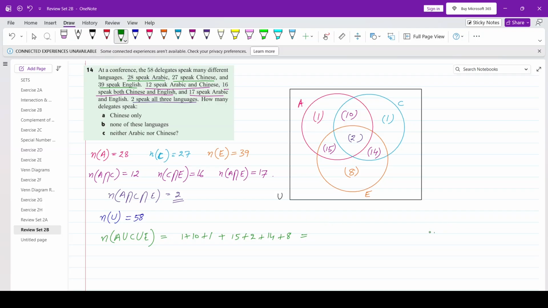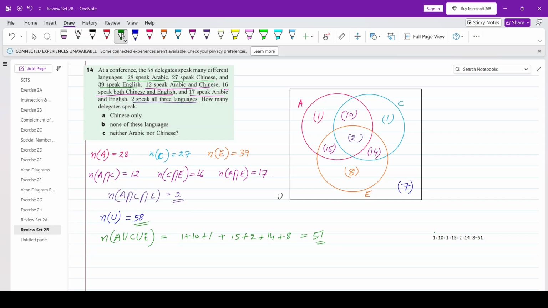That is 51. Out of the total of 58, we have already considered 51. So remaining 7 are going to come here.